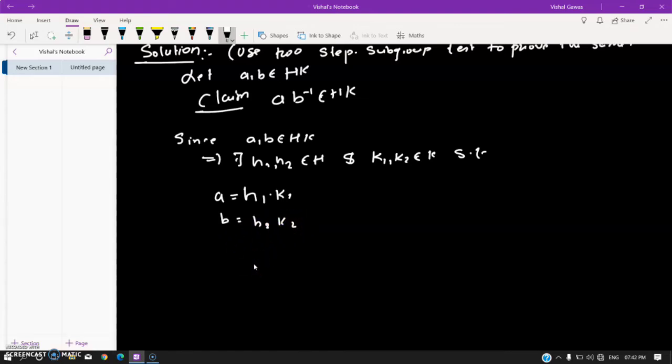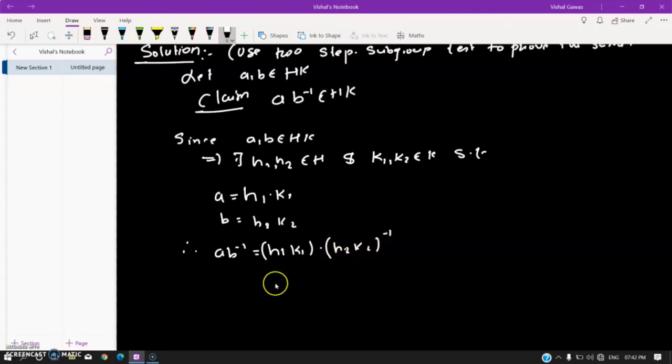Let's look at what happens to AB inverse. Therefore, AB inverse would be nothing but H1 K1 multiplied by H2 K2 inverse.